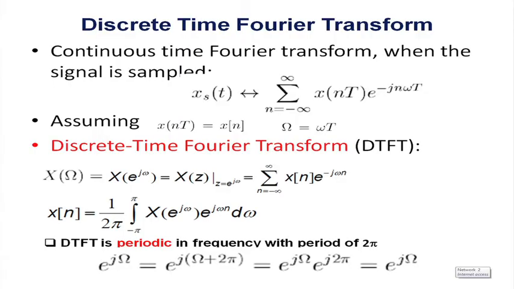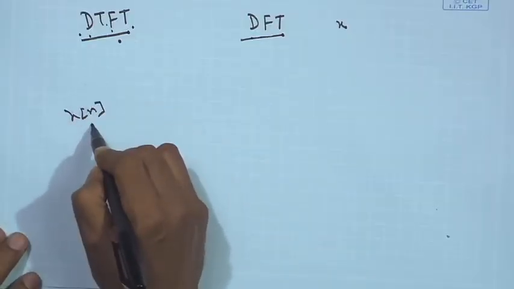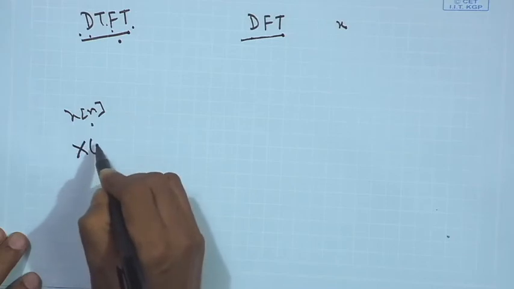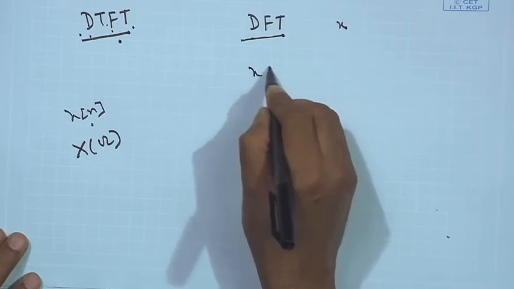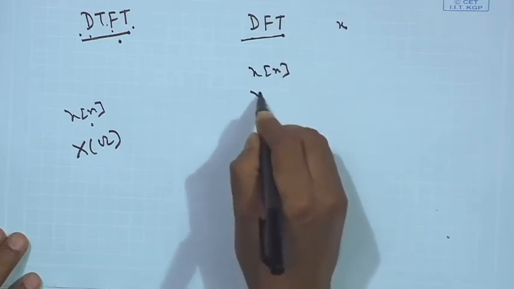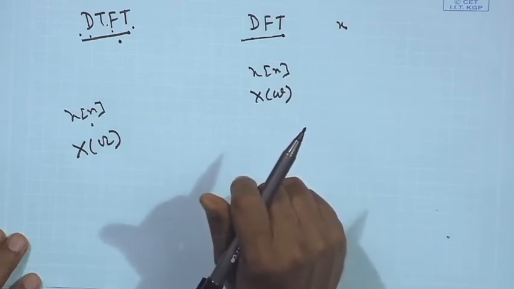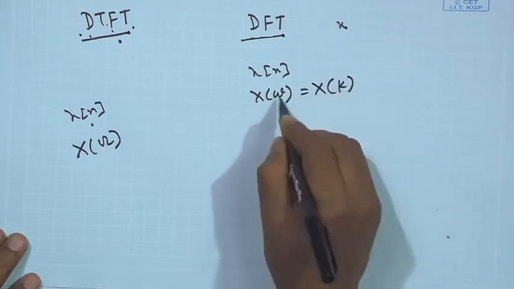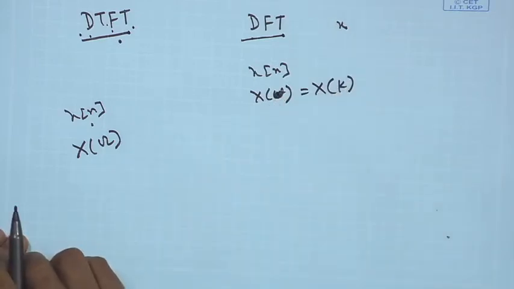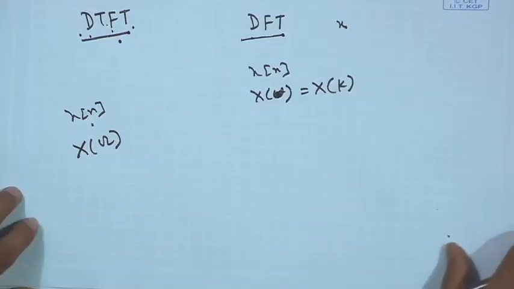In DTFT, x[n] is digital, but the X(omega) I get is continuous, whereas here x[n] is digital and X(omega) is also digital. Sometimes we write X[k], discrete frequency, instead of omega. So, what is the concept behind this? I am describing the DFT.